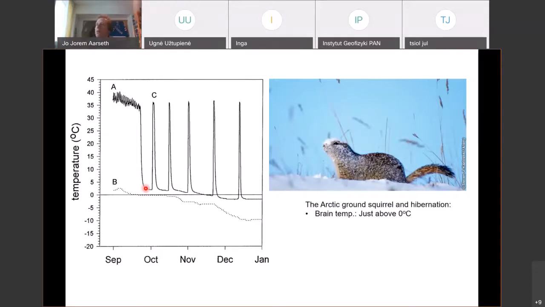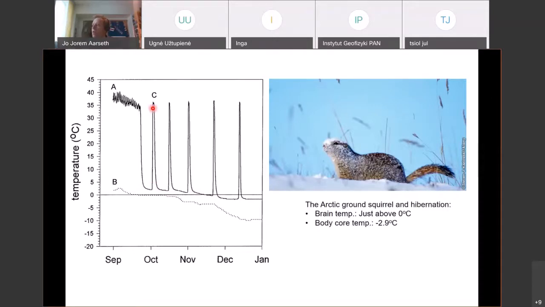But as you can see here, in regular intervals, the animal has to warm up again. And this is, we think, we don't know, but we think it is to prevent permanent damage to the organs. You have to reheat them. Just like a car, you have to start the engine now and then to check that the car is okay, it works, and you can turn it off again. So that's what happens also here.